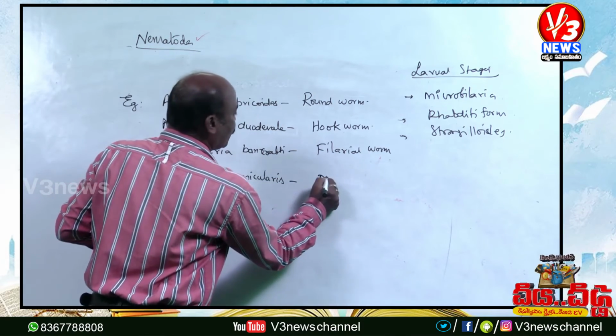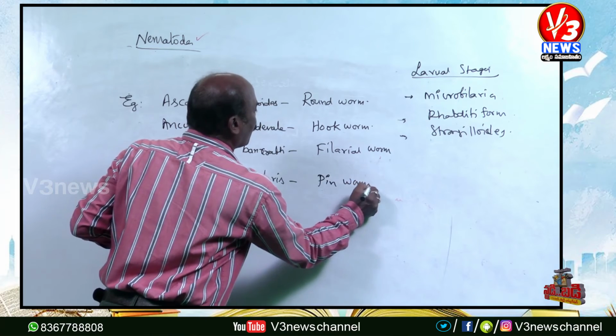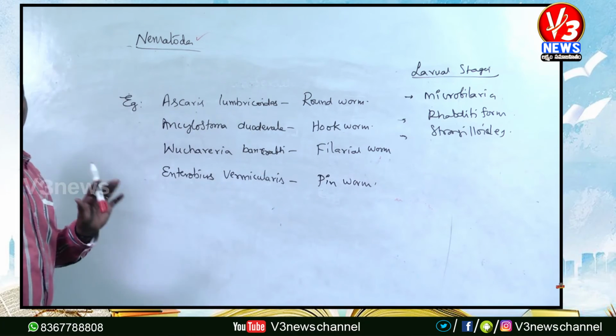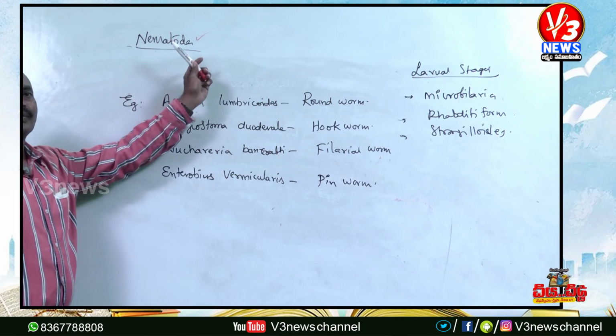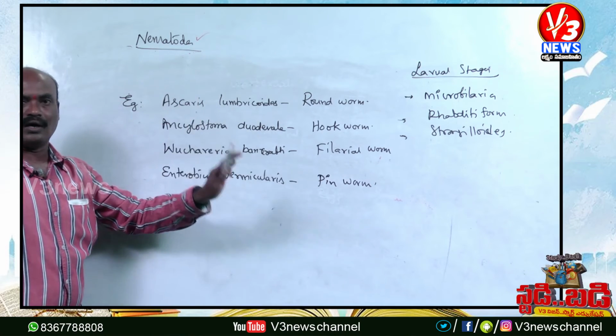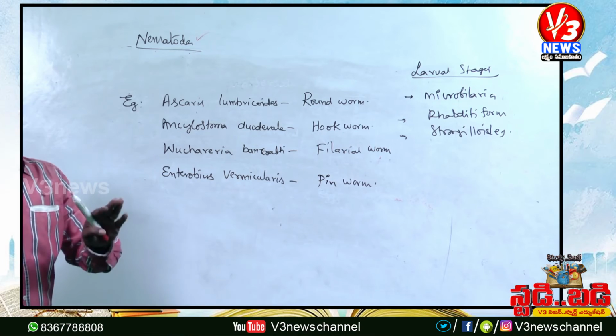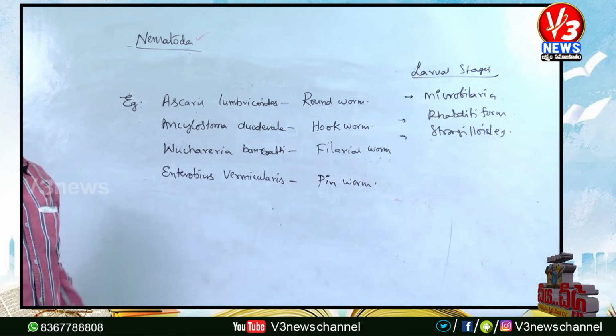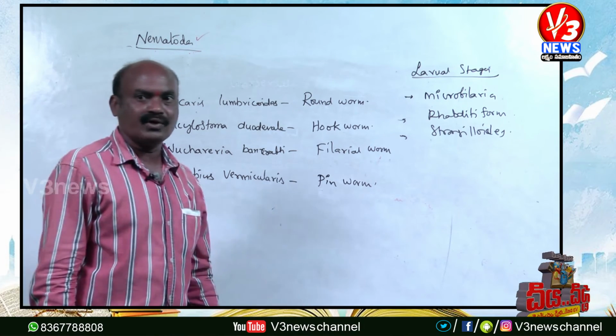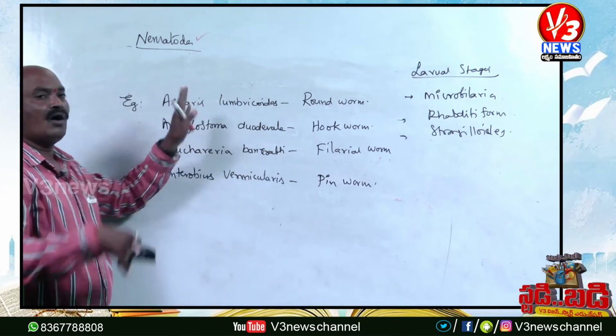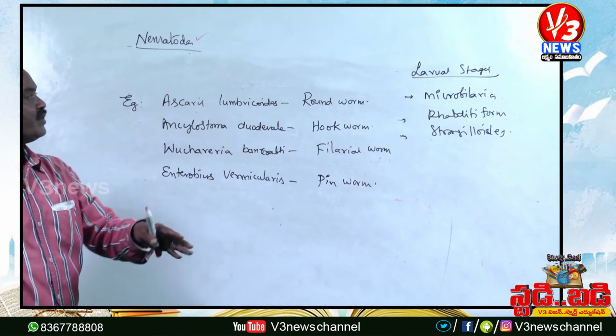It is commonly called pinworm. So this is about the characteristic features of the phylum Nematoda. Right. The next phylum we are going to take is phylum Annelida. Okay. So once again I will repeat all the characteristic features of the phylum Nematoda.